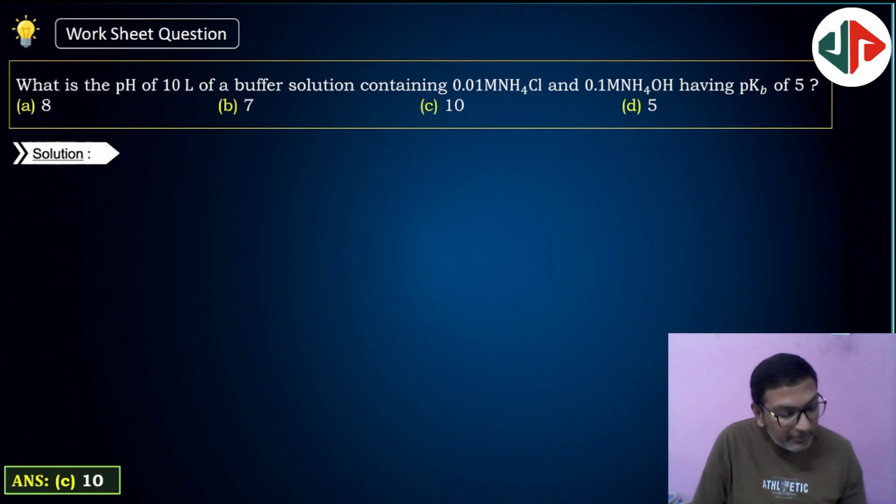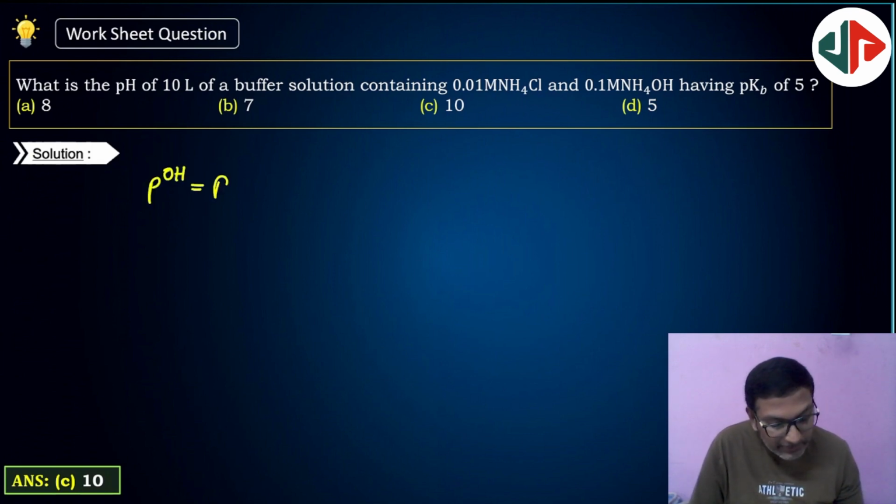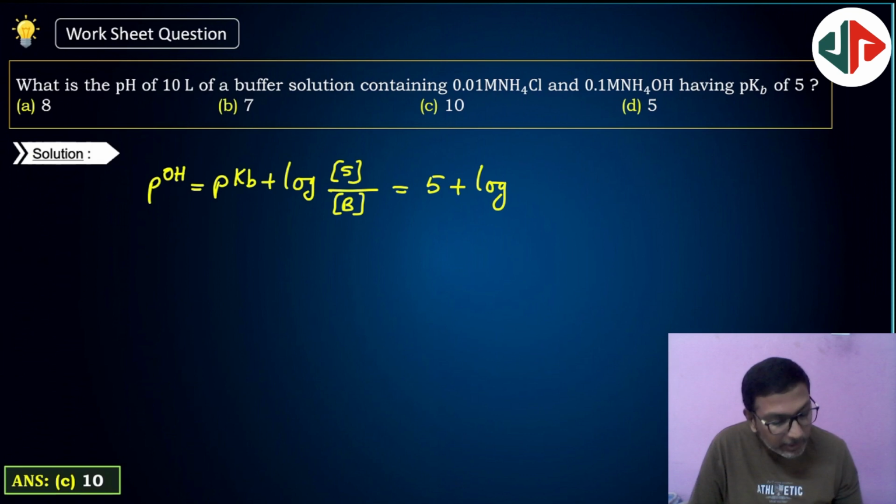The pH of a buffer solution containing ammonium chloride and ammonium hydroxide. This is a basic buffer. So pOH equals pKb plus log of concentration of salt by concentration of base. pKb is given as 5, plus log of salt NH4Cl 0.01 by 0.1.